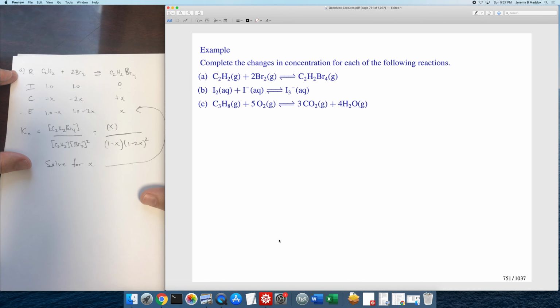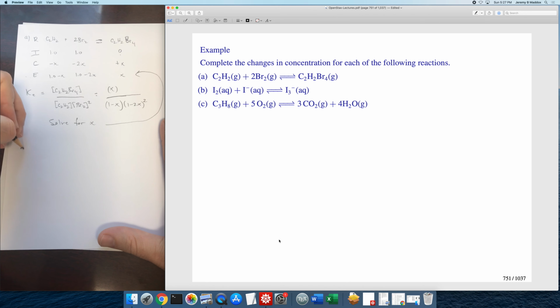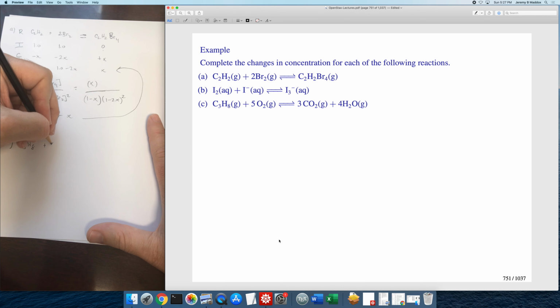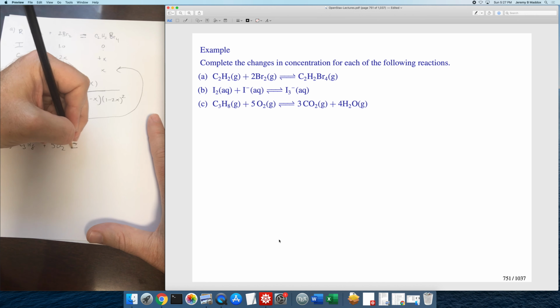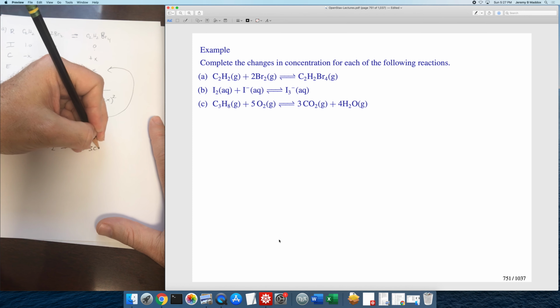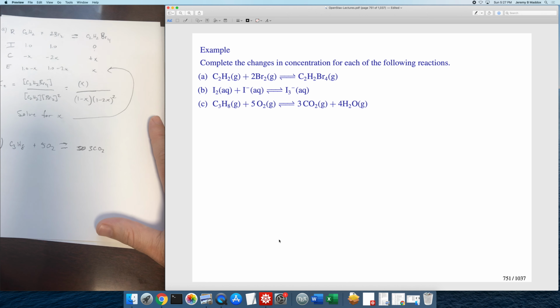What we want to practice right here is just setting up the ICE table. And so let's skip B because it's too simple. Let's do C. So we'll take this propane here that we're burning with oxygen. It's typically not regarded as an equilibrium reaction.